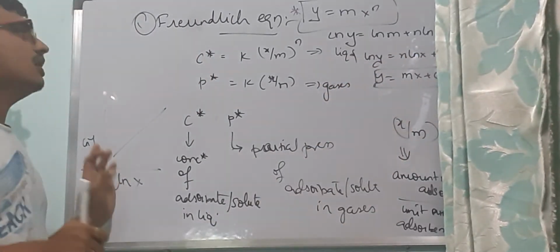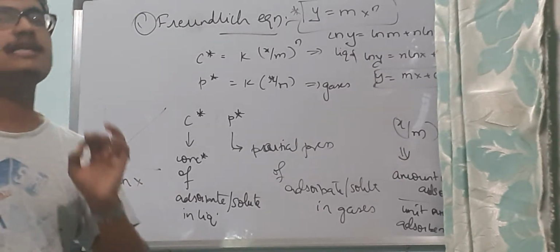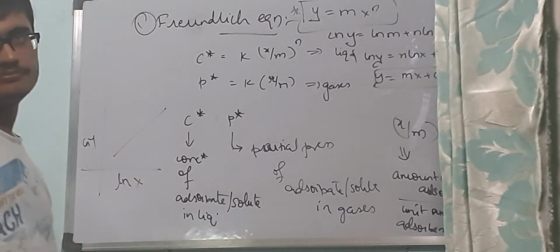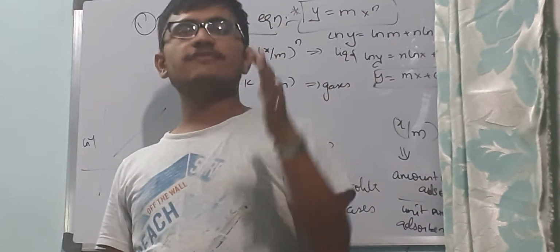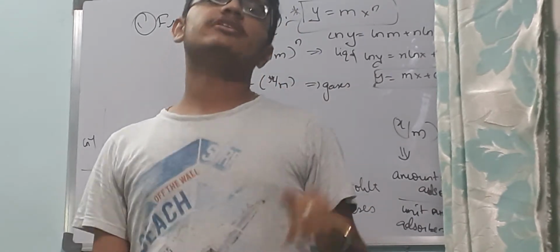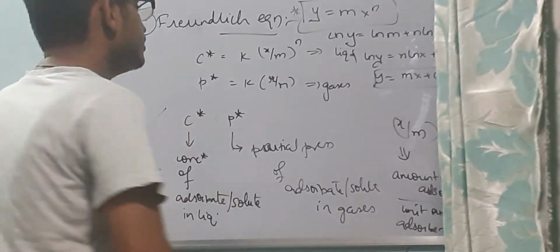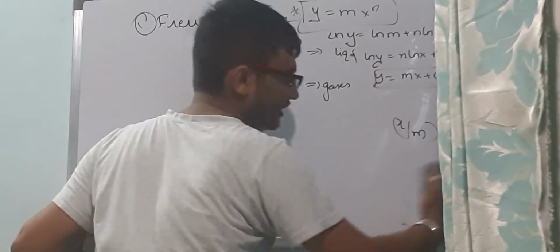So a system or an operation is generally said to follow Freundlich's equation if the plot of ln y versus ln x is a straight line. In problems they might give you the equilibrium data and tell you to determine whether it follows the Freundlich's equation or not. Okay, so this is your adsorption isotherm and Freundlich's equation.